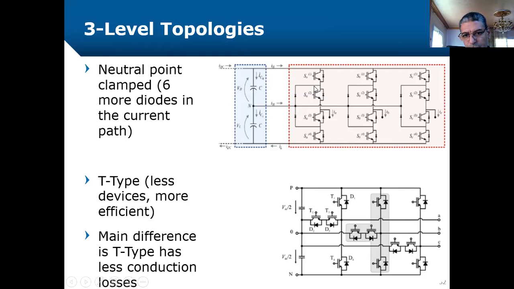As you see here, these two diodes, these two diodes, these two diodes are in the current path and they carry current and they result in elevated conduction losses. And the other topology is a T-type, which has fewer devices and therefore it is more efficient. The main difference is that T-type has less conduction losses and certainly higher efficiency.